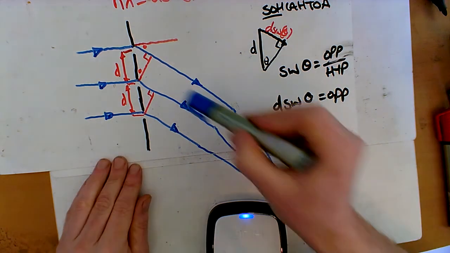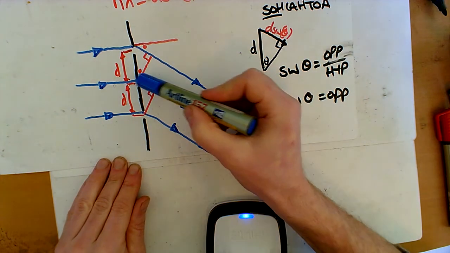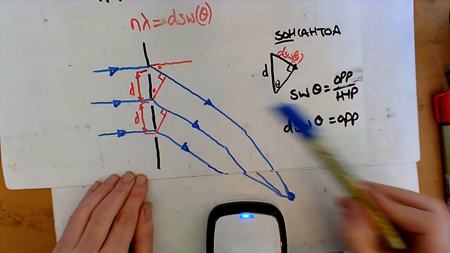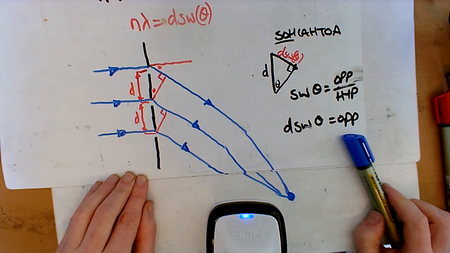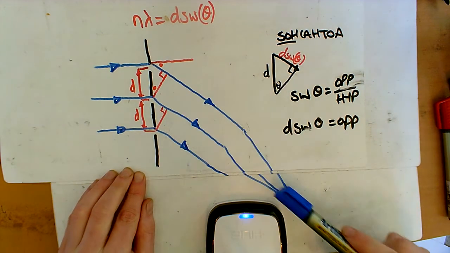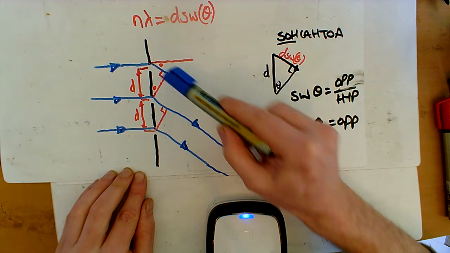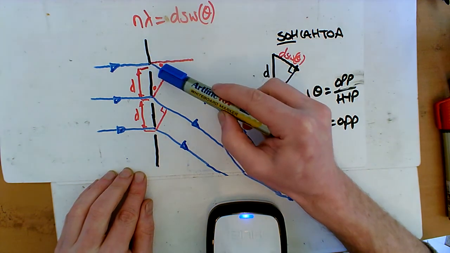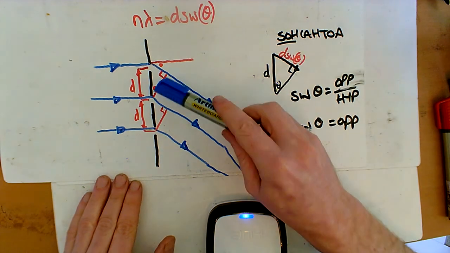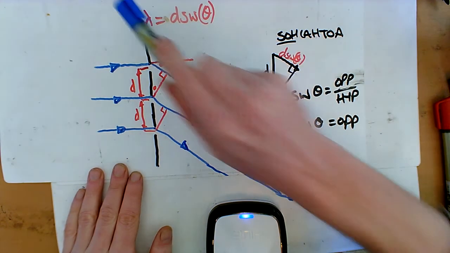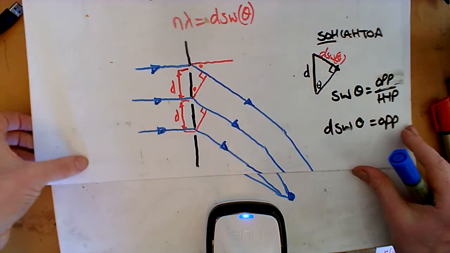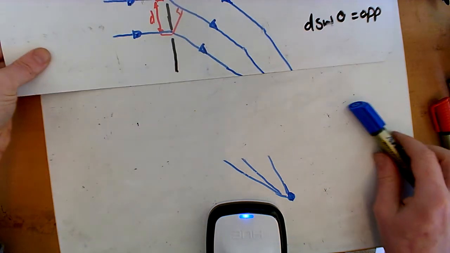If the path lengths have a difference of a multiple of the wavelength, then we're going to have constructive interference. So you can see the difference between this length getting to this point and this one getting to this point is just that little bit here that we've marked. If this is an integer multiple of a wavelength, then we're going to have constructive interference. And that's all we need to know for this whole derivation.